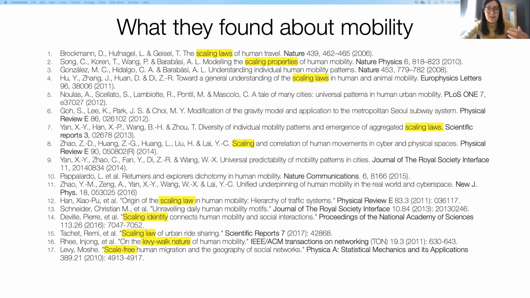Many of these papers talk about scaling laws, scaling properties, scaling identities. What this means is that these studies did not find any scale in human mobility. All of them talk about the presence of these scaling laws, right? So there is some kind of contradiction here with the theory and our intuition saying there exist scales, and then empirical studies did not find them.